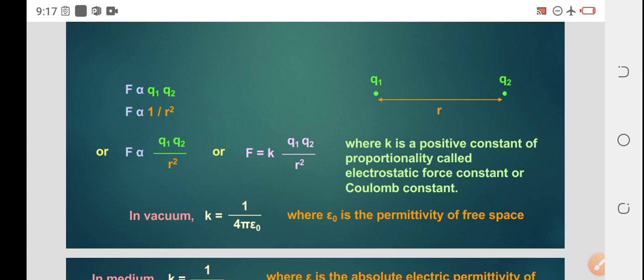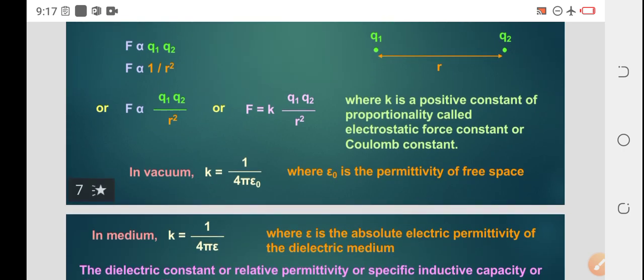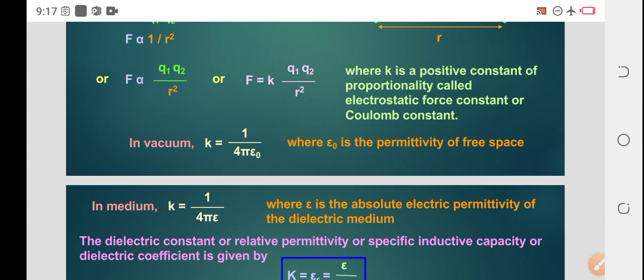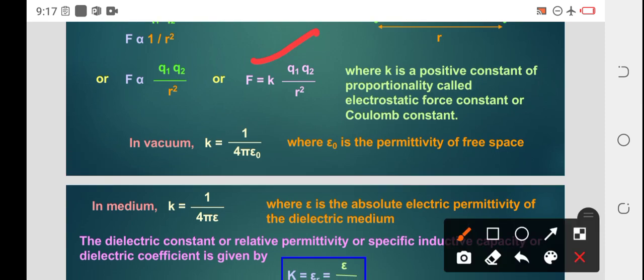By combining these two equations, we get F is proportional to q1 q2 by r square. Then removing the proportionality, we get F equal to k into q1 q2 by r square, where k is a positive constant of proportionality called the electrostatic force constant, or Coulomb constant.